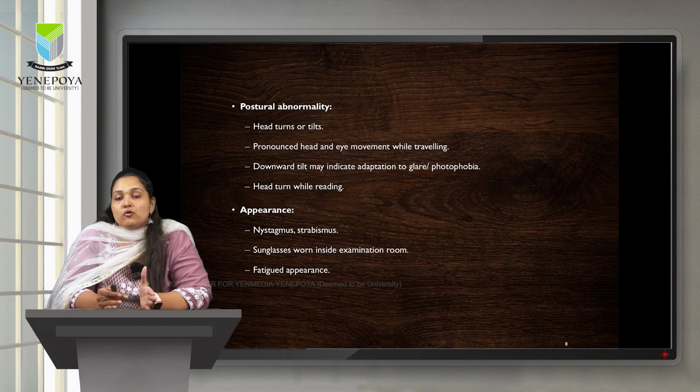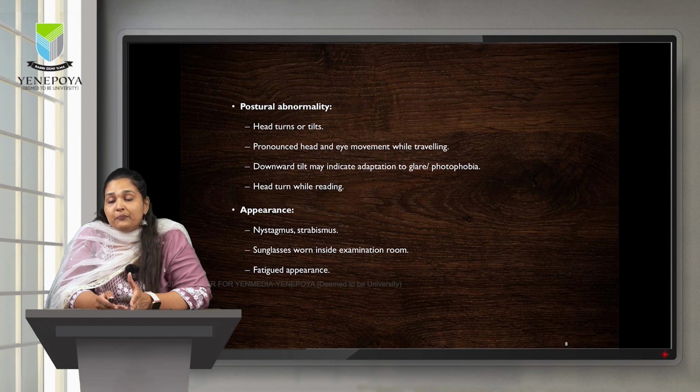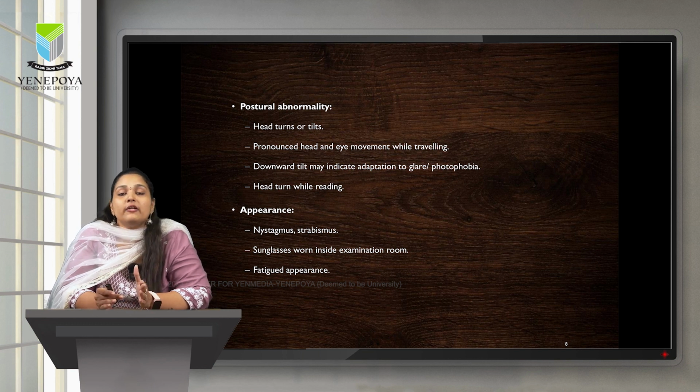First is their postural abnormality. For example, some patients, when they enter the room, will have some head turns or head tilts. Head turns can be because they have an eccentric fixation, and some patients will have a downward tilt of their head. That is because when they enter the clinic, maybe they want dim illumination in the room, so they turn their head down because they have photophobia and a glare problem.